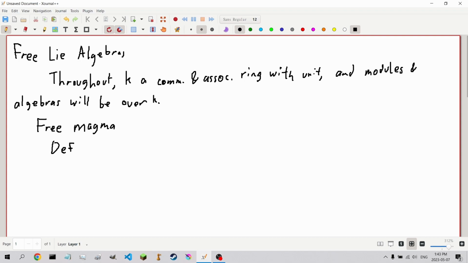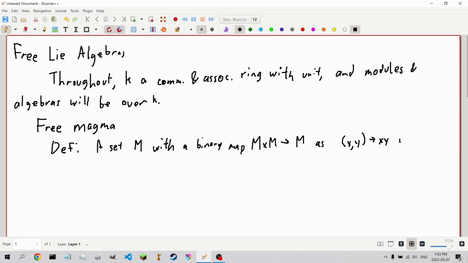So, a magma is a set M with a binary map, M times M into M, and we're going to write this as x and y being sent to xy, is called a magma.